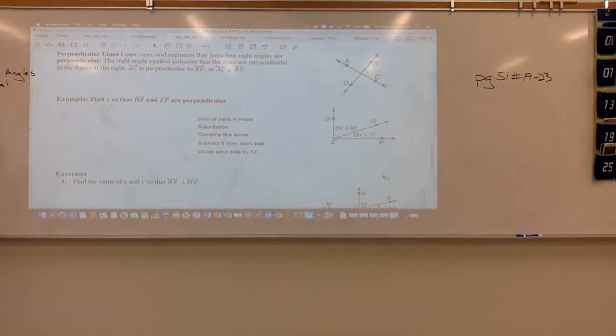Another one we said was linear pair. What was the relationship when we had a linear pair? They're adjacent angles that together make up a straight line. And then what do they add up to?